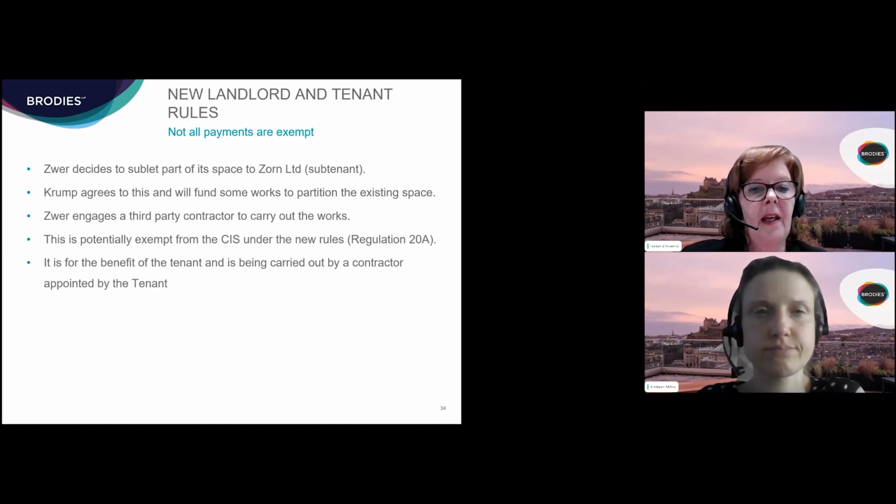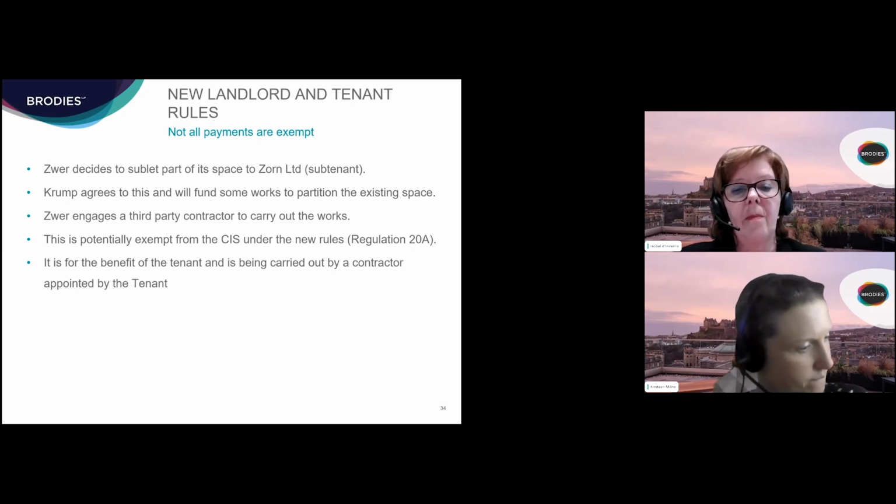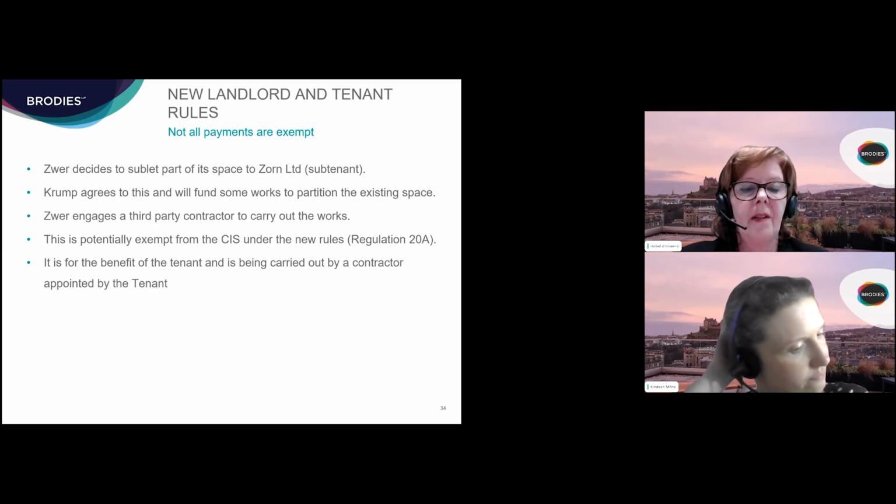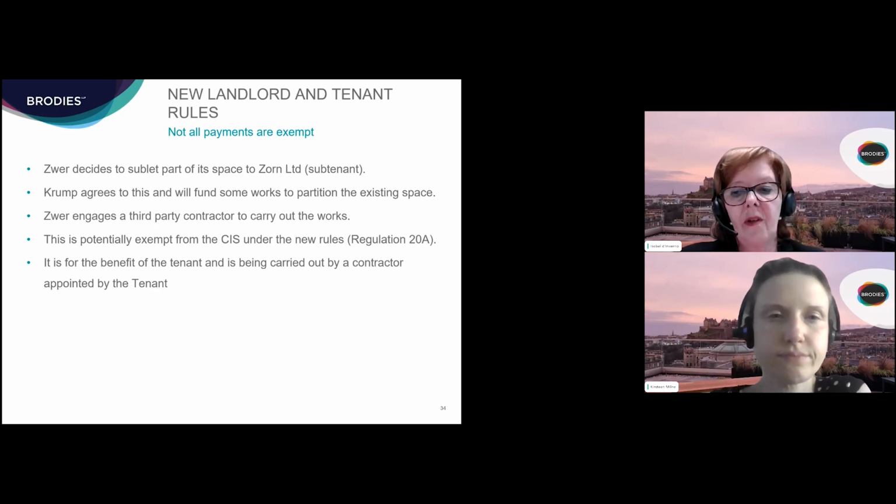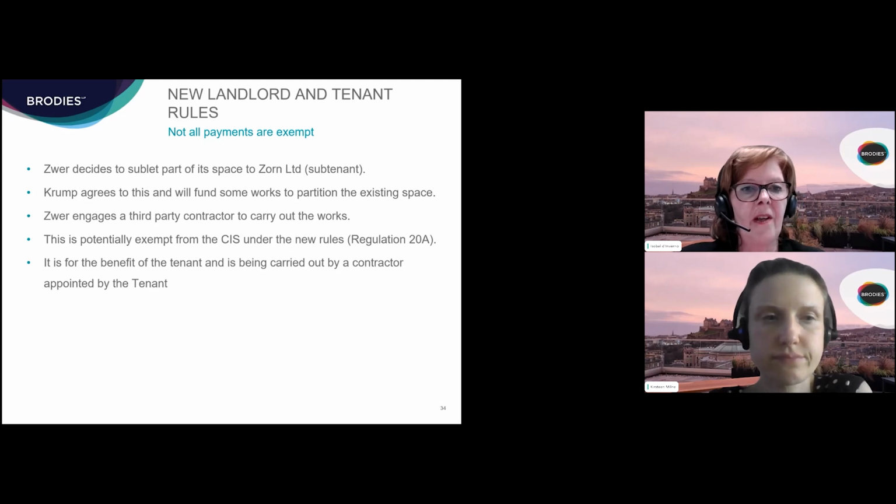The tenant engages a third-party contractor to carry out the works. This is potentially exempt from the CIS because it's for the benefit of the tenant and is being carried out by a contractor appointed by the tenant. But as you can see, it's not entirely straightforward, because it is for the benefit of the tenant, but part of the space is being sublet.